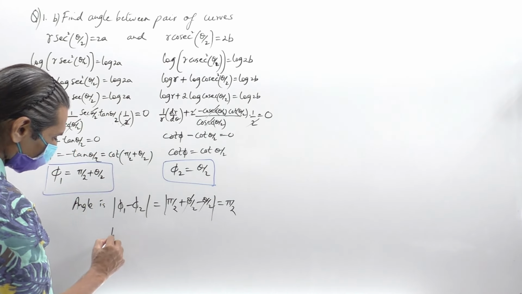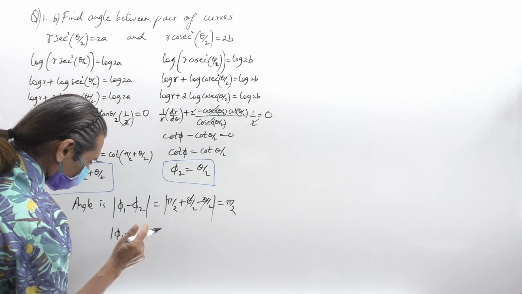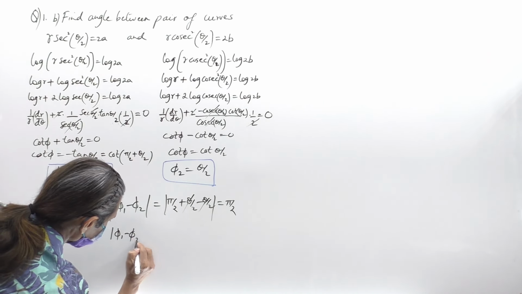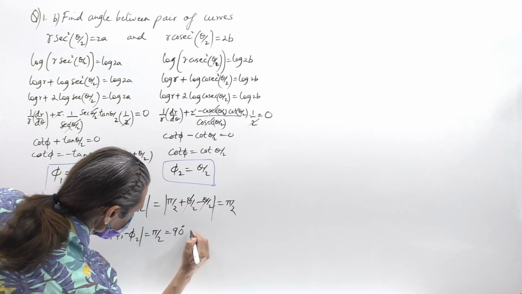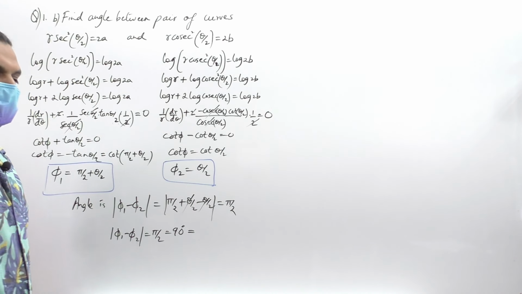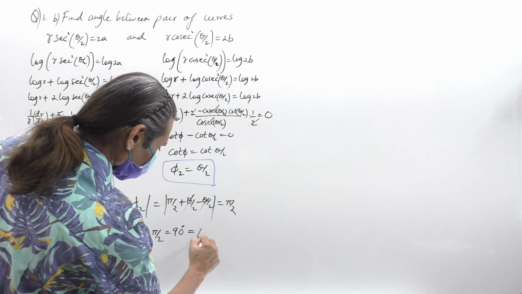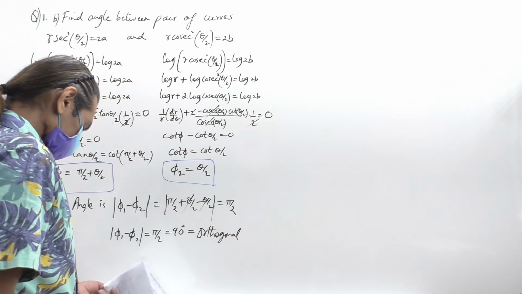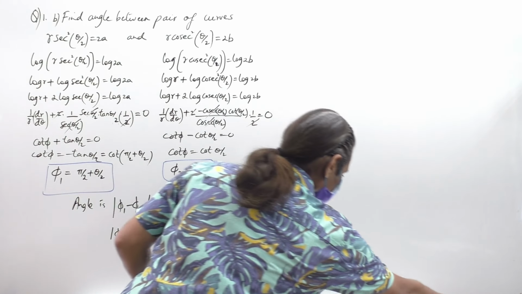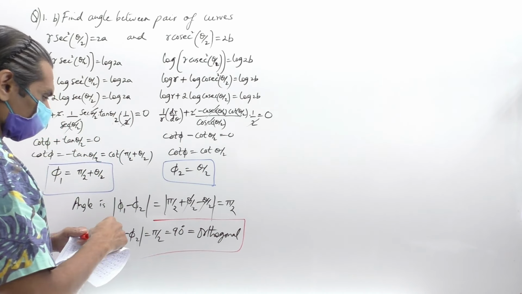So the angle of intersection phi 1 minus phi 2 is equal to pi by 2, that is equal to 90 degrees, and when the angle of intersection is 90 degrees or pi by 2, we say it is orthogonal. That's it. So this is the solution which we obtained for this question. Okay, so the angle is orthogonal.